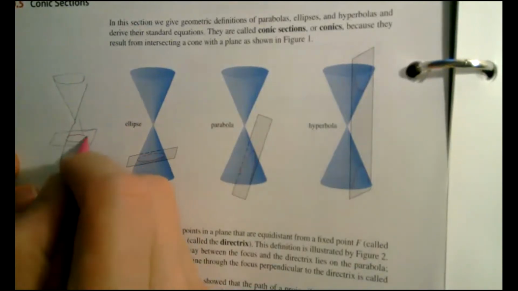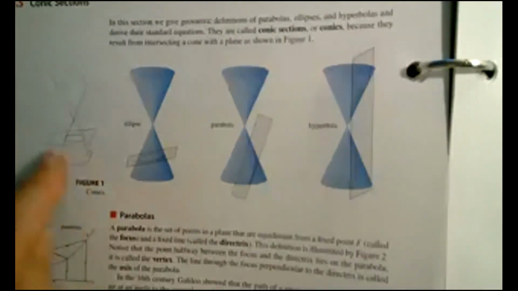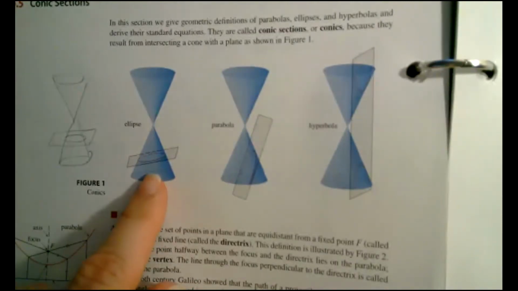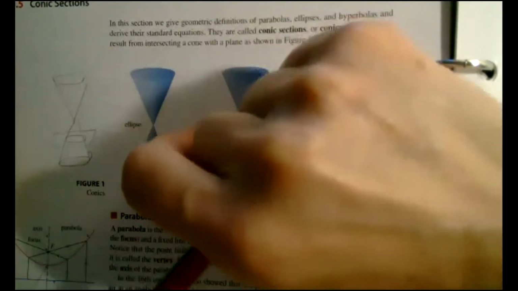Honest to goodness, a circle. Now if I take the same cone, but I tilt the plane a little bit, like the book is showing you, what I get is an ellipse. This oval shape. It's like a circle, but take the circle and stretch it a little bit horizontally.